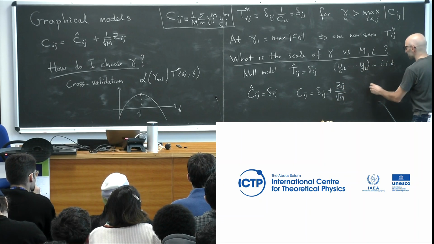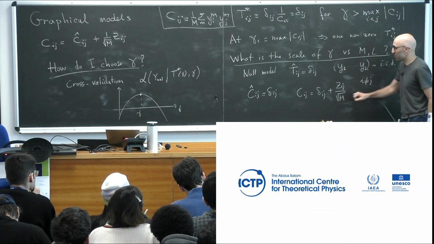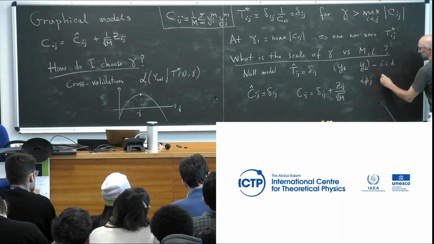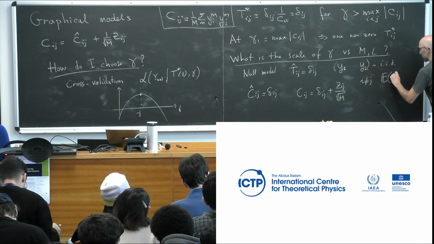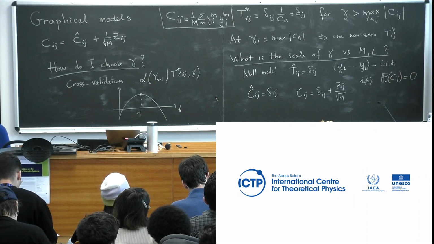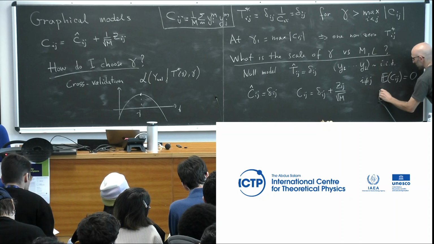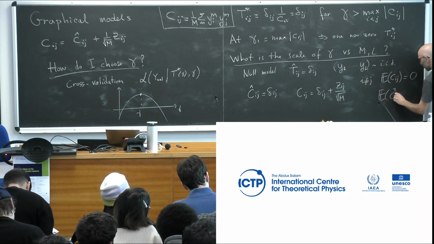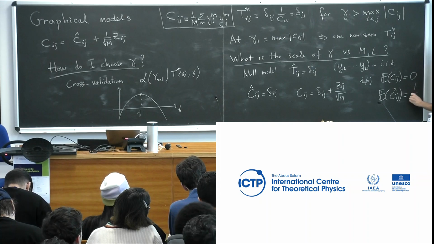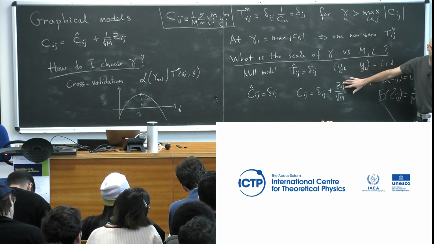So if I take an off-diagonal element of C for i different from j, then the expectation of Cij is equal to 0, and the variance of Cij, which is also the expectation of the square, is going to be 1 over m, where 1 is the variance of z.